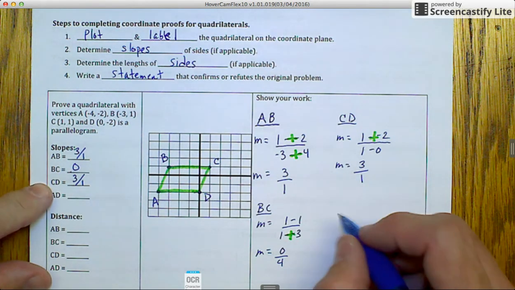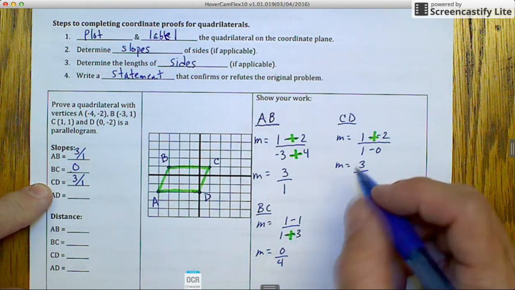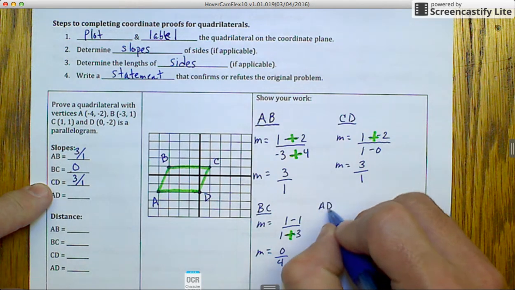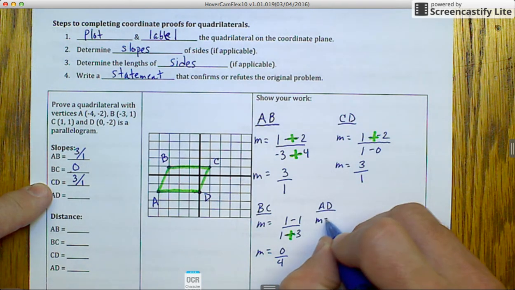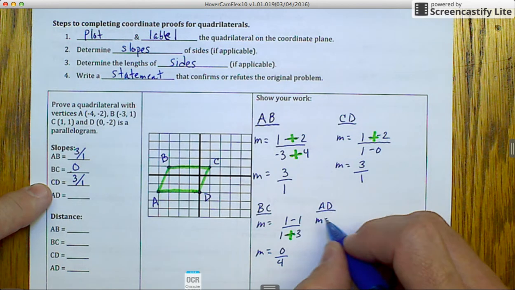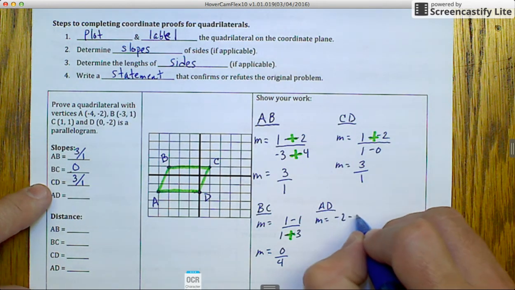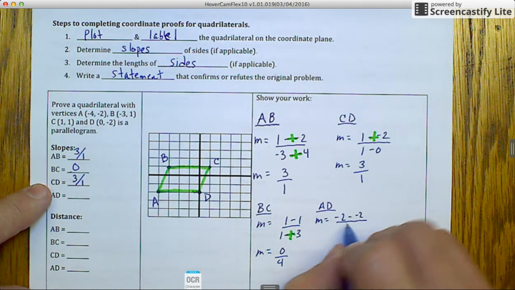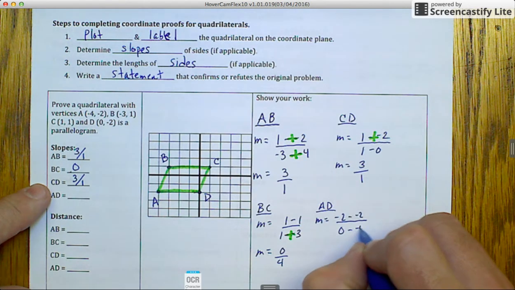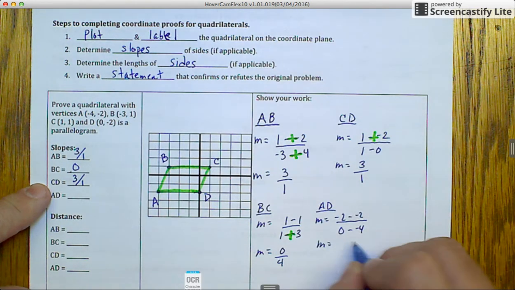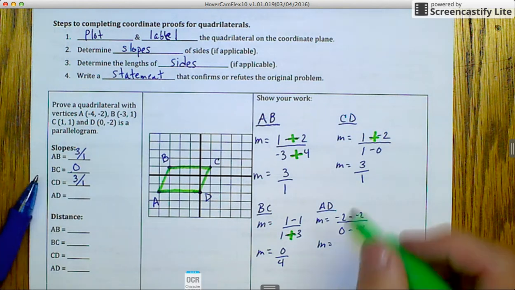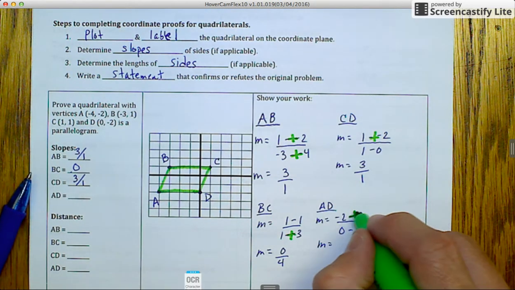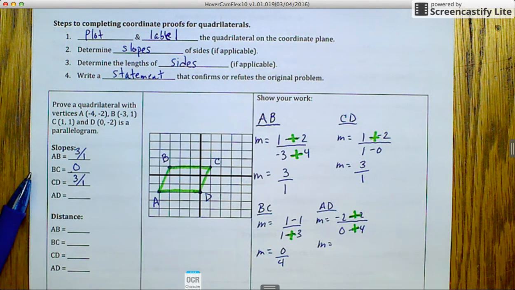And then my AD slope would be -2 minus a -2 over 0 minus a -4. We have a lot of double negatives in here, so I'm going to put my plus sign there and there.